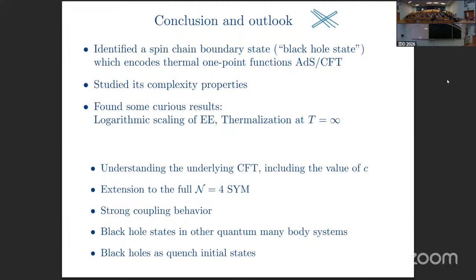Possibly a naive question, but the interpretation of this as a black hole state comes from N equals 4 and thermal and so on. So if you just consider a generic quantum many-body system, what is it that characterizes this as a black hole state? Is it that it's built from two-site singlets?